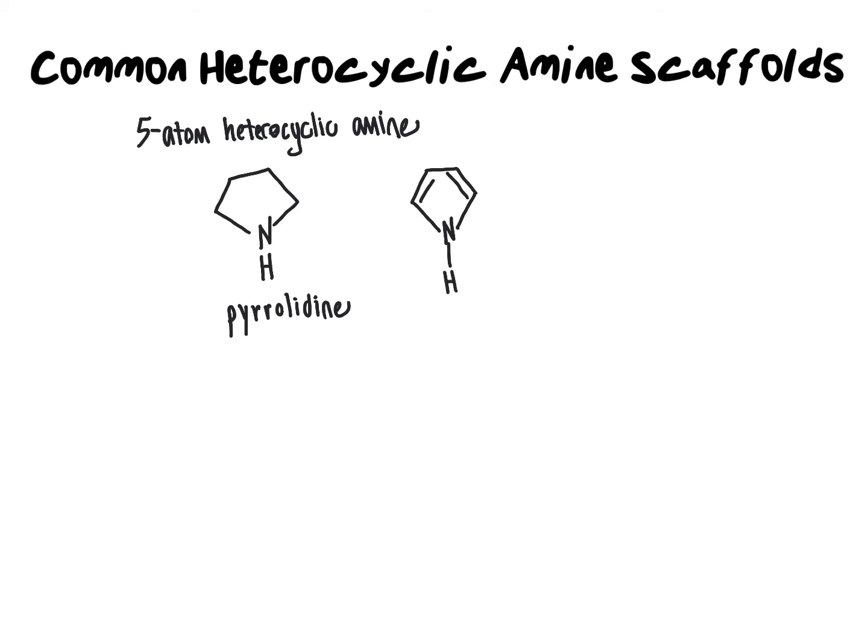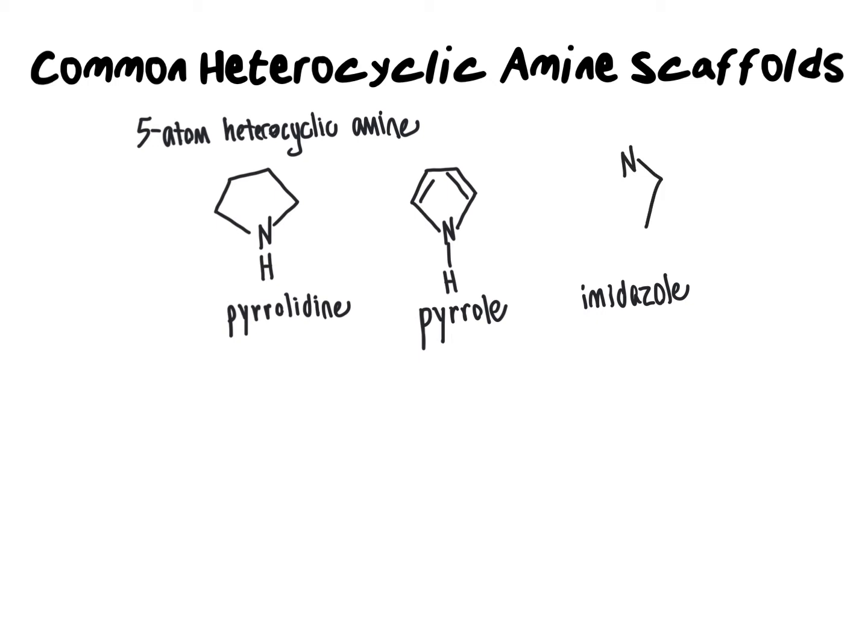If we have a similar group, but rather than having a 5-membered ring that's fully saturated with hydrogens, instead we have some unsaturation here with the double bonds, the group is referred to as a pyrrole. Finally, imidazole is another common motif that we see, or a common scaffold, as you might call it.